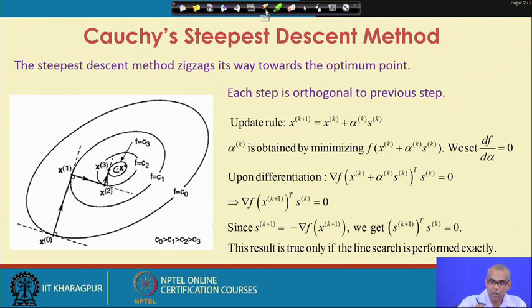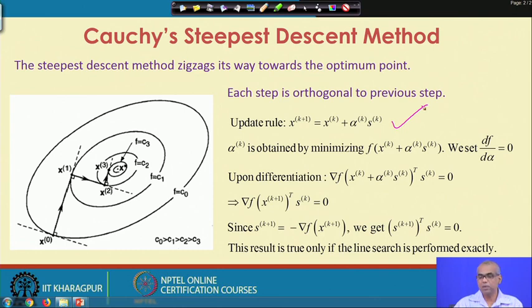Remember the update rule of steepest descent method, which is x k plus 1 equal to x k plus alpha k s k, where alpha k is the step length and s k is the search direction, that is, minus the gradient of the function at current estimate x k.